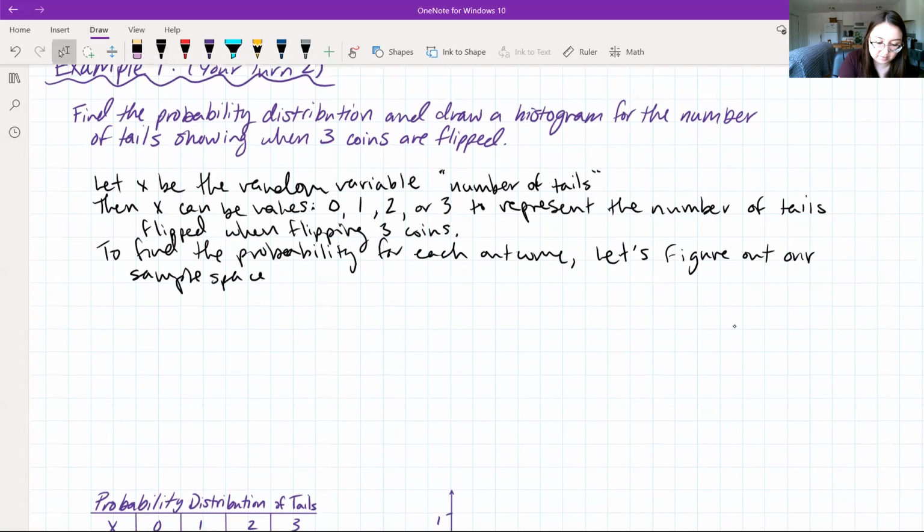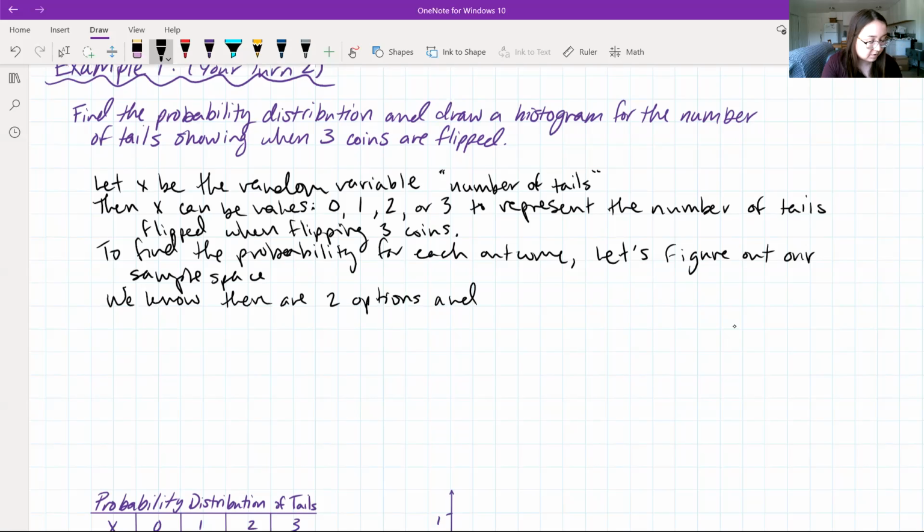So we can say, well, we know there are 2 options, meaning just heads or tails. And 3 coins. So 2 options, 3 coins.